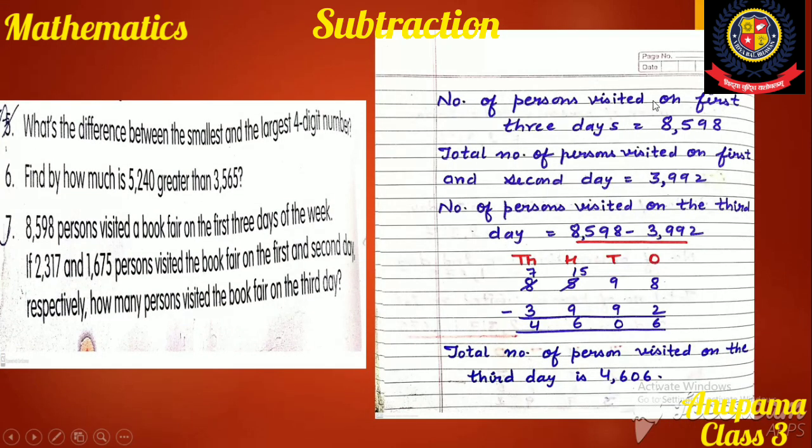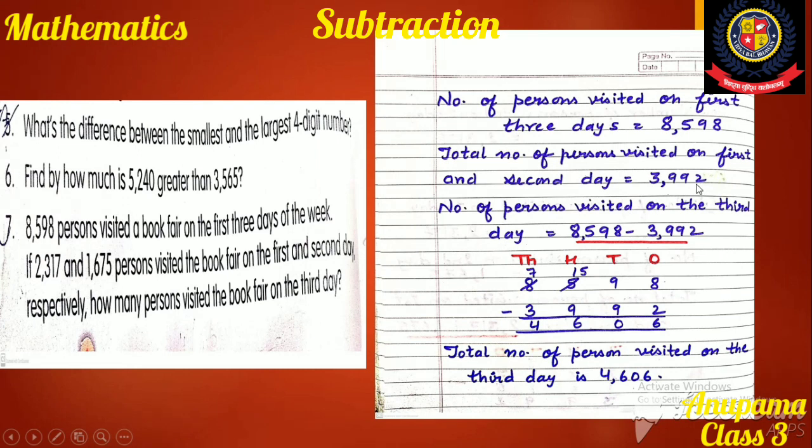Now number of persons visited on first 3 days. How many persons visited on first 3 days? 8598. So we will write here number of persons visited on first 3 days are 8598, and total number of persons visited on first and second day, that we have calculated, 3992.